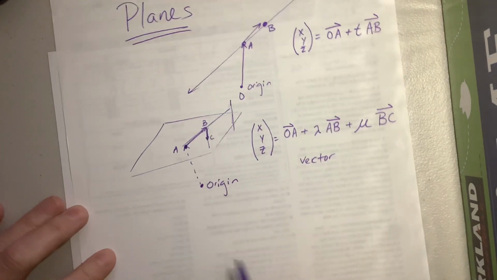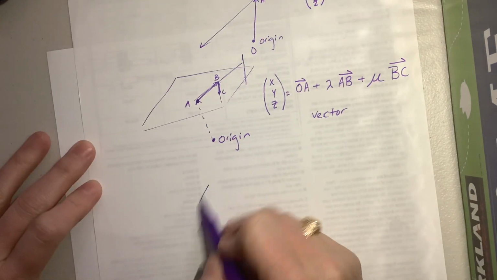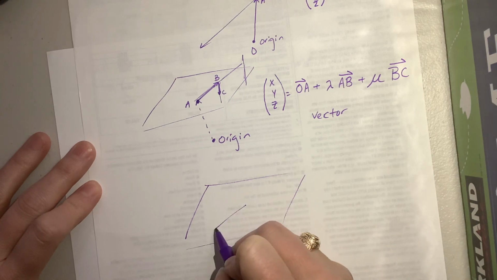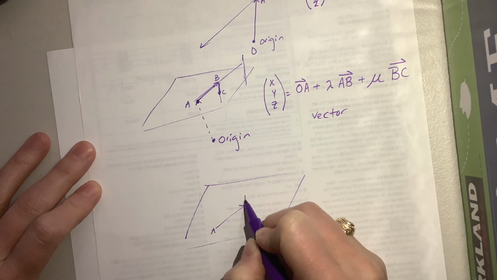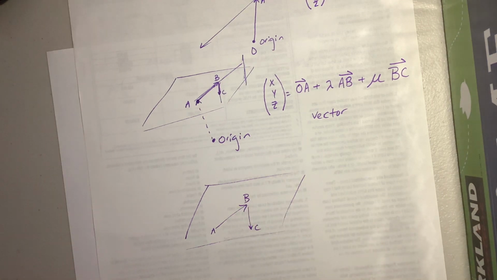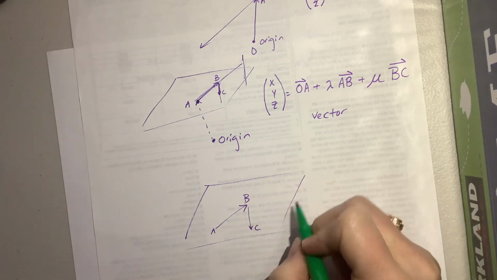The other thing we want to talk about is that when I have a plane, say I've got A, here's B, and somewhere down here is point C. What we're going to need is to find something that's normal to the plane.